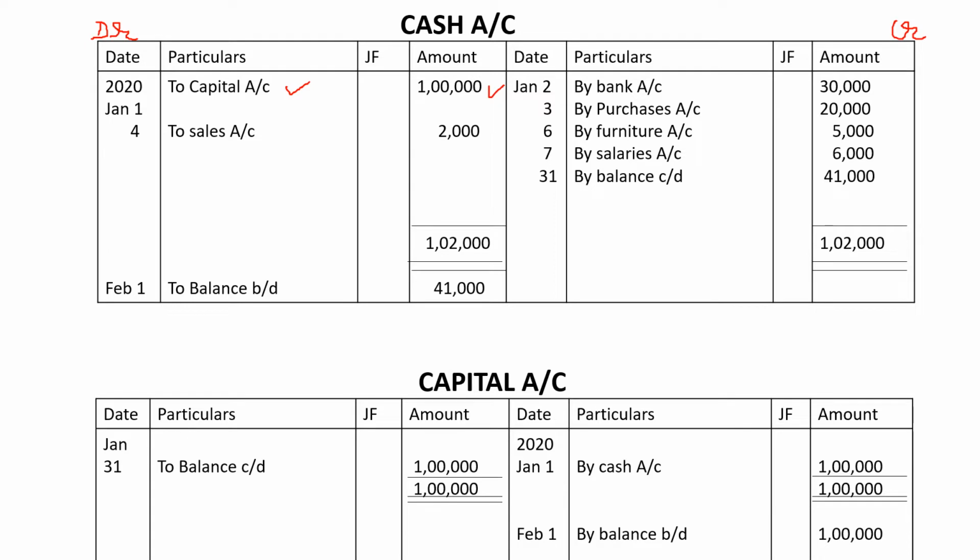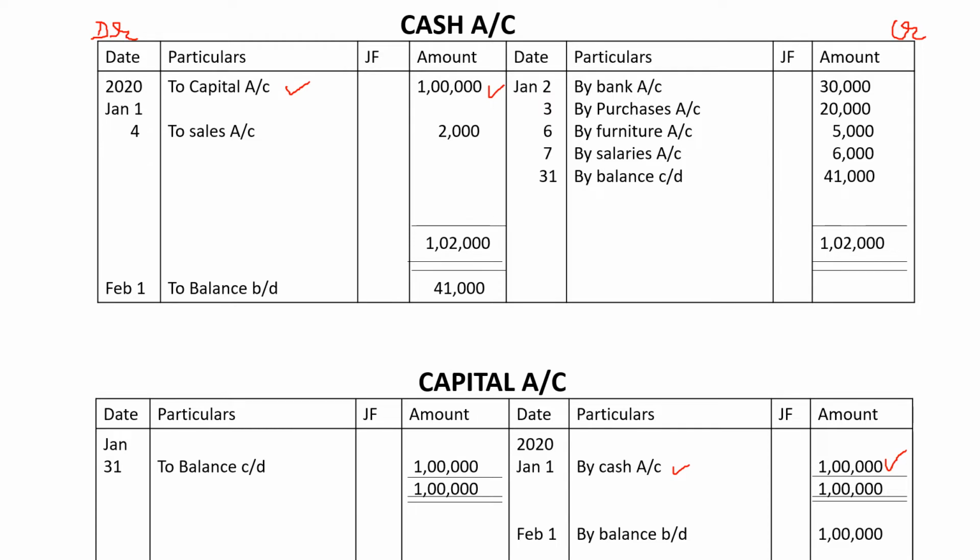Then simultaneously in the capital account credit side we have to write 2020 January 1st, by cash account, rupees 1 lakh. So we have to write simultaneous entries, both in cash account as well as capital account.